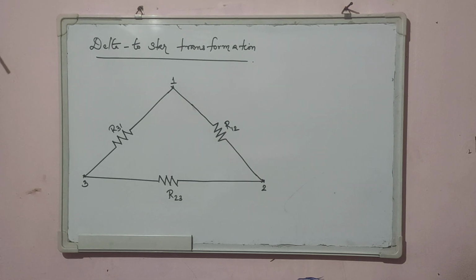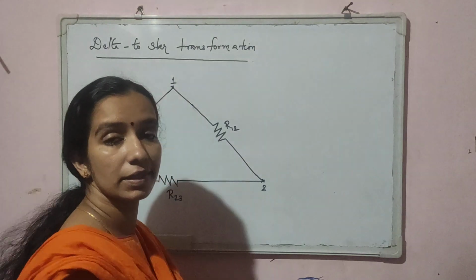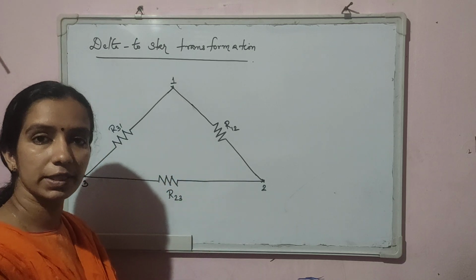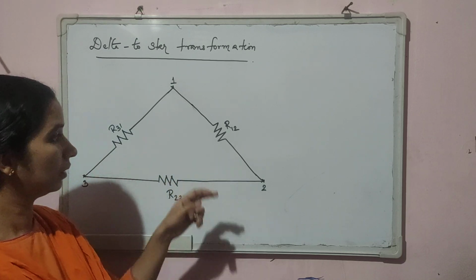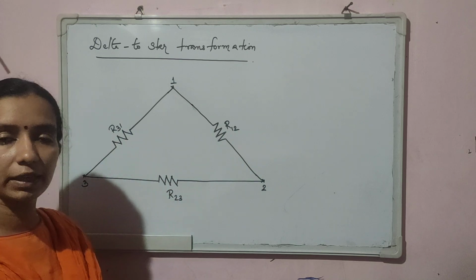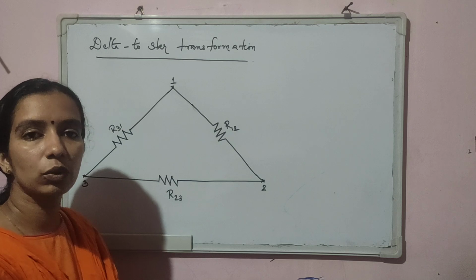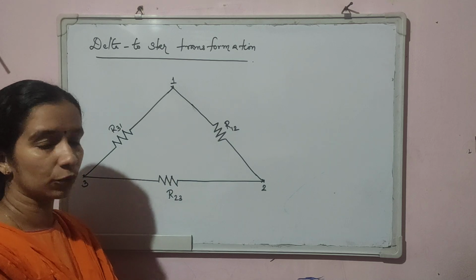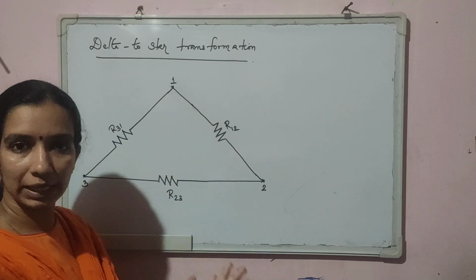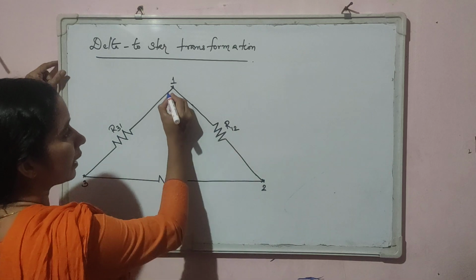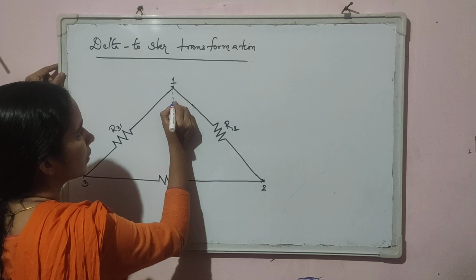So now let us see how to convert a delta connected system into a star connected system. So we have a system of 3 resistors which are connected in delta, R12, R23 and R31. Now we have to transform this delta connection into an equivalent star connection. While we are transforming this system, the resulting star connected system will be like this.